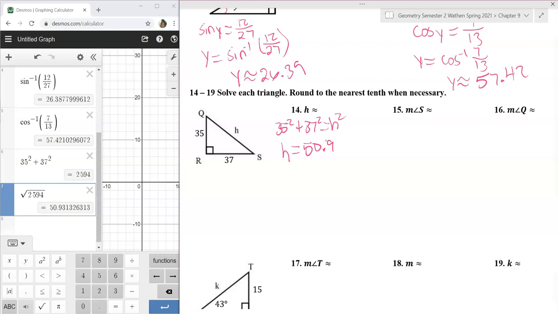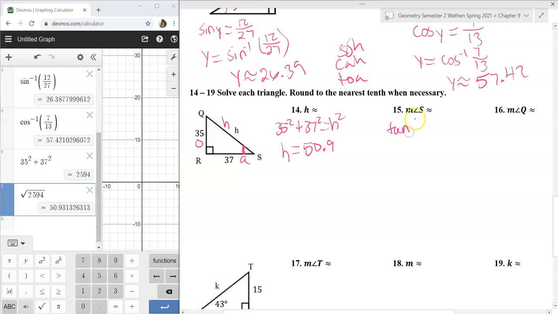On number 15, it asks us to find the measure of angle S. So here's S, and if I label this triangle with S in mind, I have my adjacent and my opposite that are given to me. So when we're looking at adjacent and opposite, think of your SOHCAHTOA. Adjacent and opposite means we're working with tangent.